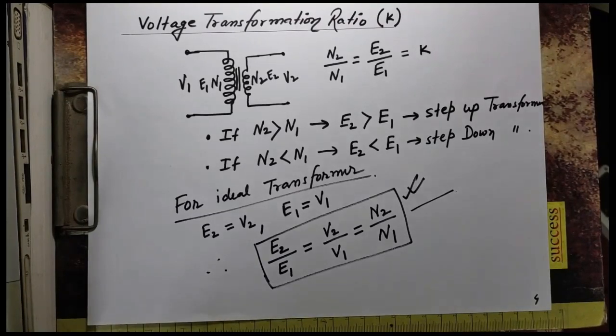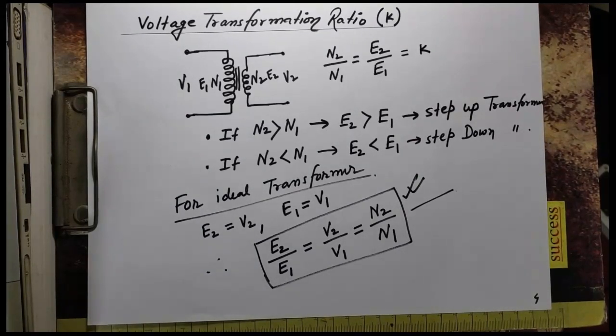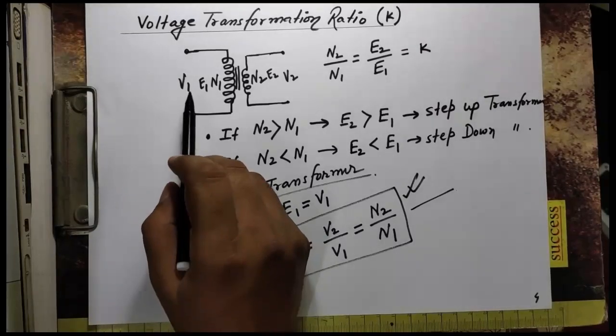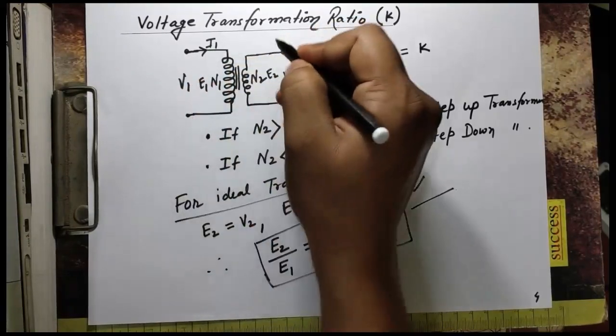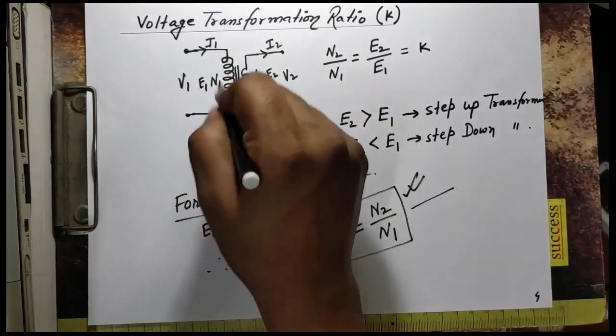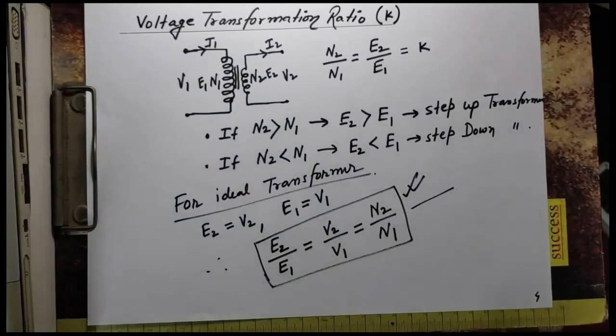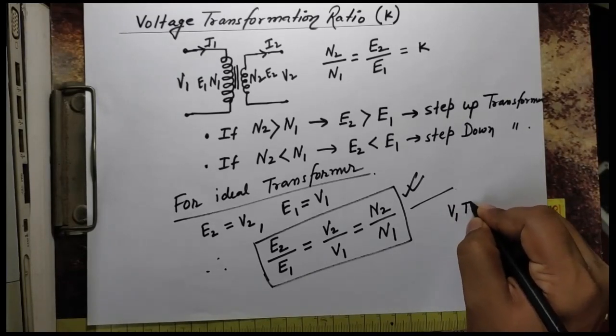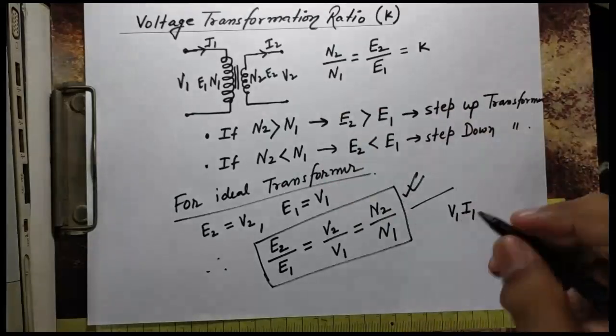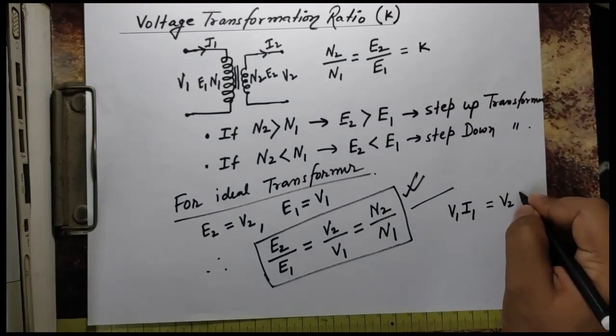Now, there is no loss in an ideal transformer. First we need to understand the concept of an ideal transformer. Since there is no loss, whatever the input power is, the output power will remain the same. Here I1 current is flowing, and here I2 current is flowing. The input power will be V1 I1, and the output power will be V2 I2.